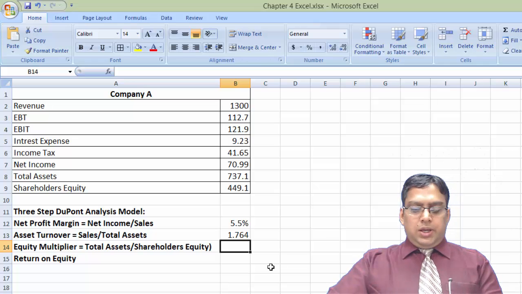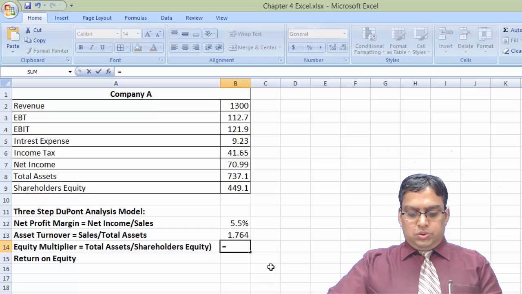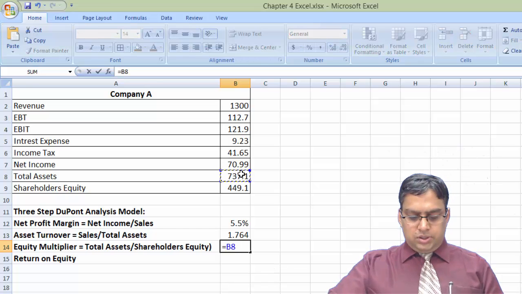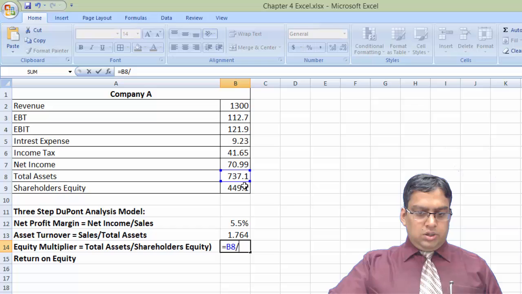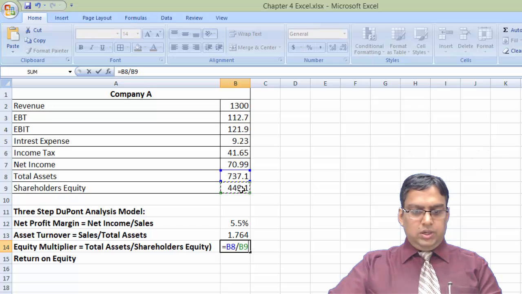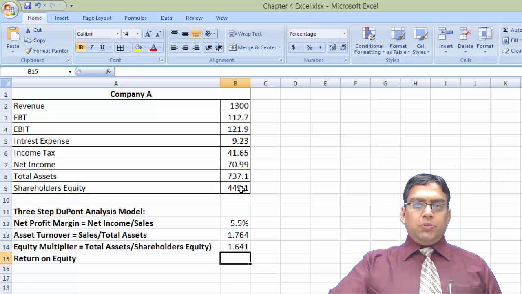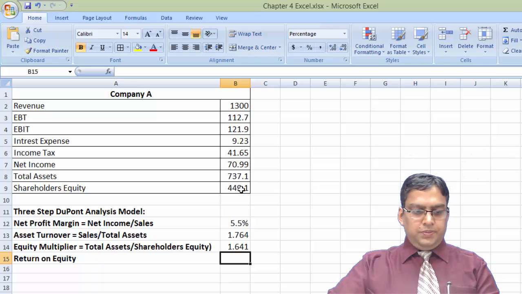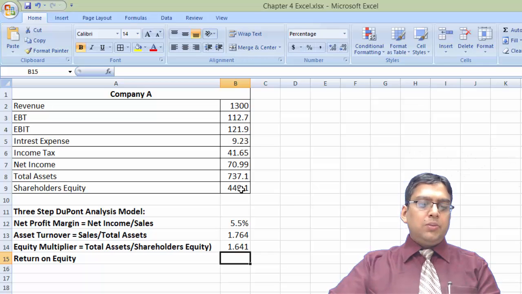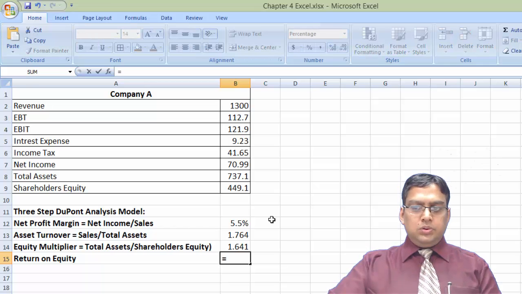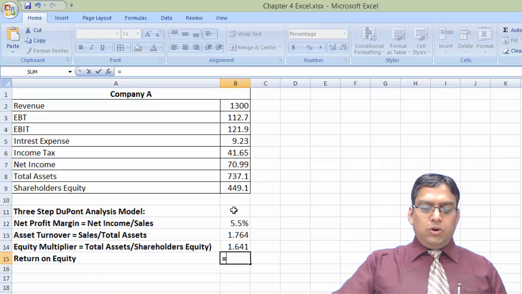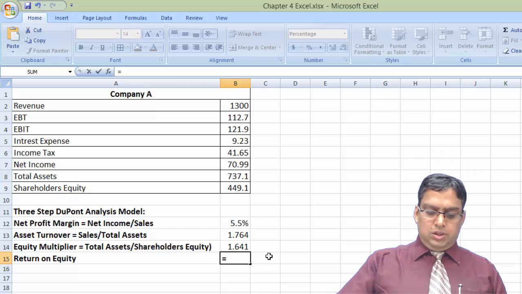And equity multiplier equals total asset divided by shareholder equity. That is 1.641. And the last one is ROE, that means return on equity, equal to the product of all three.